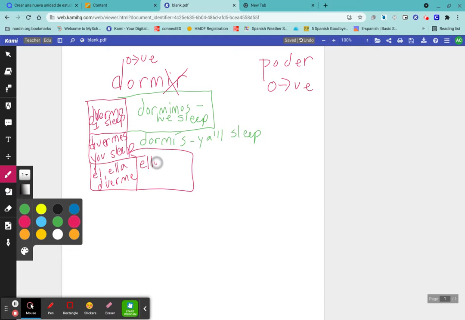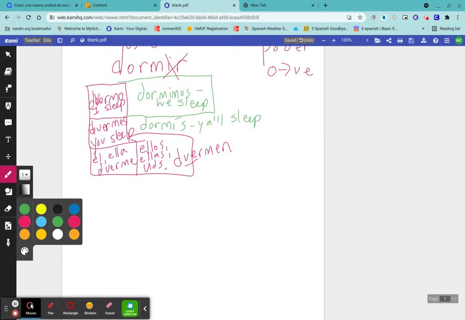So that's going to be ellos and ellas and ustedes, you guys. If you're not from Spain, that's how I say you all or you guys. And that's going to be not dormen, but duermen. So you see that little stem change. So if we wanted to say they sleep for, and for is going to be por, 6 hours, how would we say that?